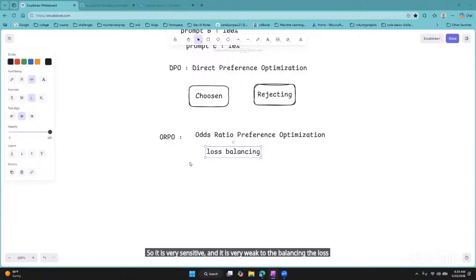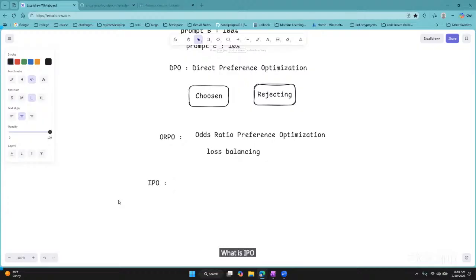Now let's come to the IPO. What is IPO? IPO is identity preference optimization, which means it will prefer optimized literatures only. It additionally introduces, theoretically, how the DPO is trying to prefer the learning, especially not to overfit when it is more deterministic.